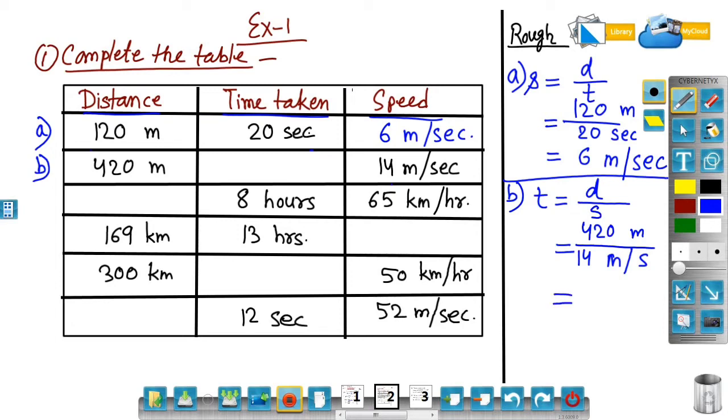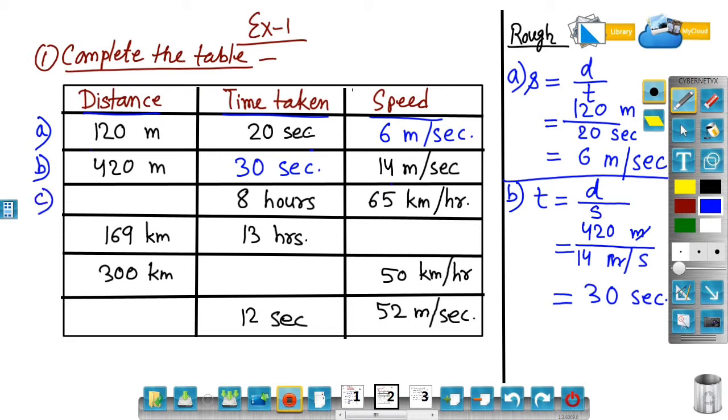Here the units of meter and meters can be cancelled, and by dividing this we get 30 seconds. That means the time taken by the moving object will be 30 seconds.